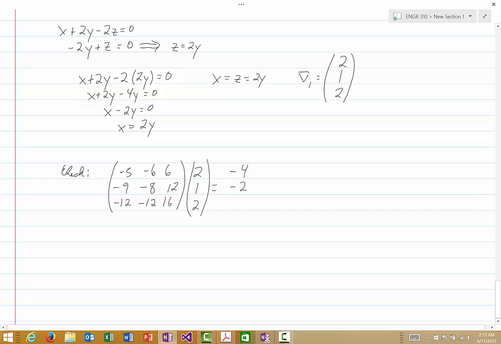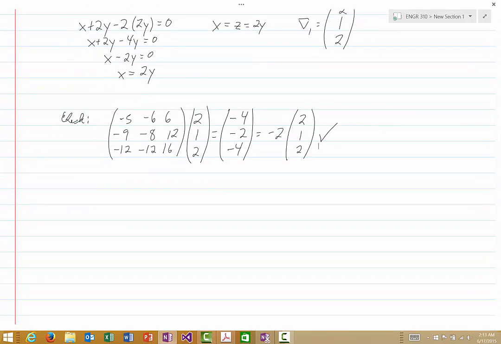Negative 24 and negative 12 is negative 36, and 32 would be negative 4. And sure enough, that is negative 2 times 2, 1, 2. So indeed, the vector 2, 1, 2 is an eigenvector of this matrix with associated eigenvalue of negative 2. Now let's find V2.